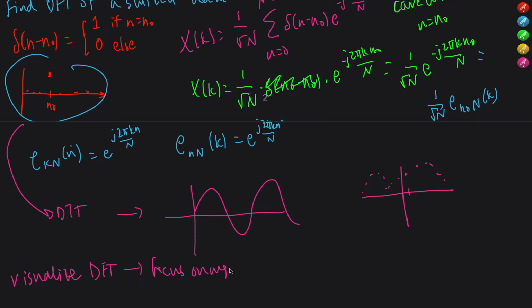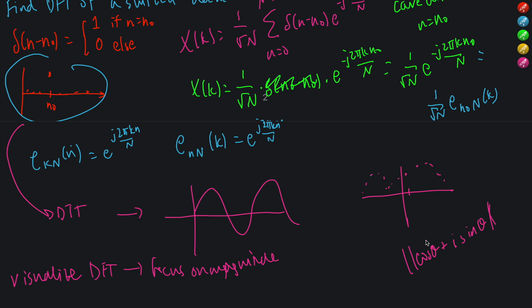The DFT itself might be a complex number, so we take its magnitude and plot that. Instead of worrying about cosine theta plus i sine theta, we take the magnitude of the whole number, and that always gives a real number. That's how we interpret the DFT.